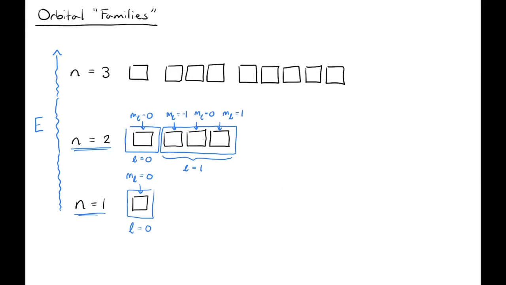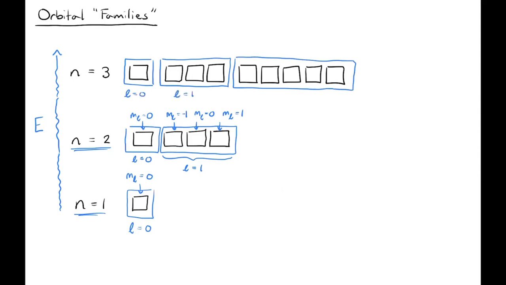Okay. If we go up one more time, we can start to see a pattern here. I'm going to end up with 3 subgroups. 2 of them are similar to the ones that we covered on the lower energy levels, and one of them is new for this new energy level here. So again, we've got L equals 0, L equals 1, and this time our new one is L equals 2.